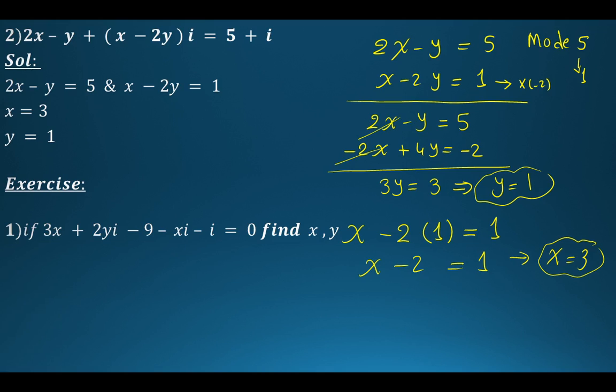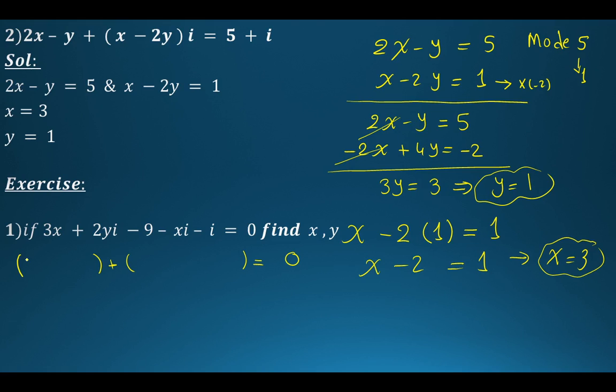Here you have to write the complex number in the standard form. How can we write this complex number in the standard form? We all know that the standard form of a complex number consists of two parts, real part and imaginary part, and all this complex number equals 0.